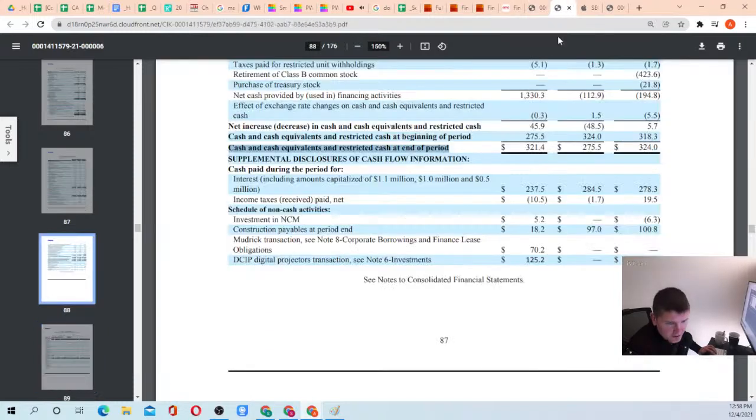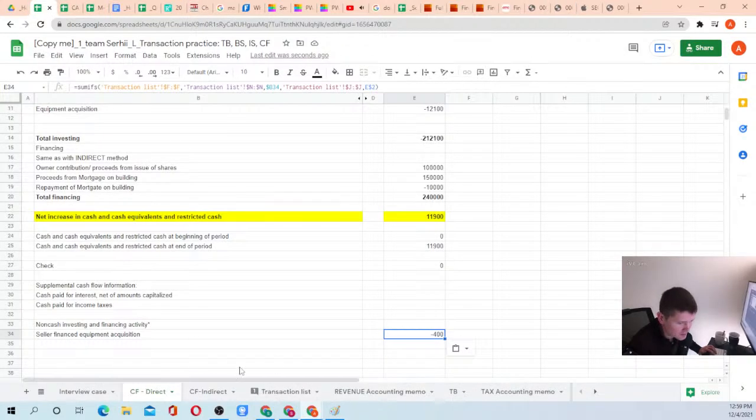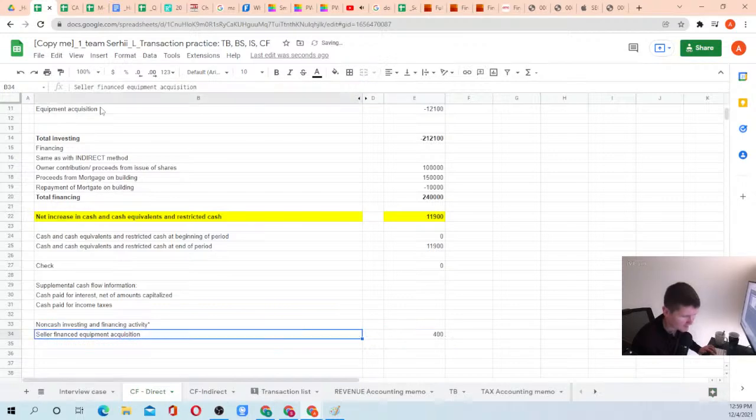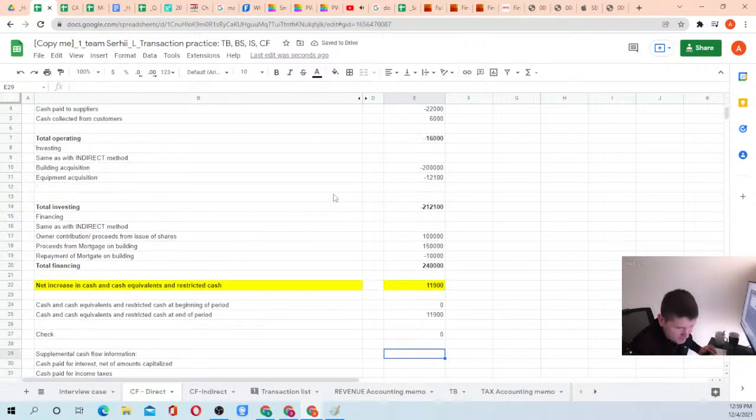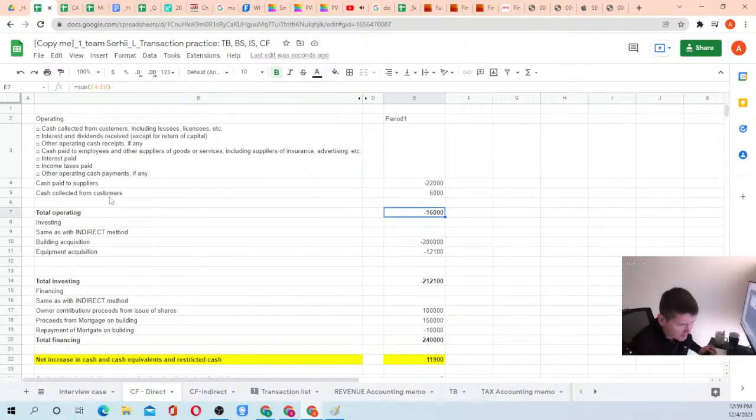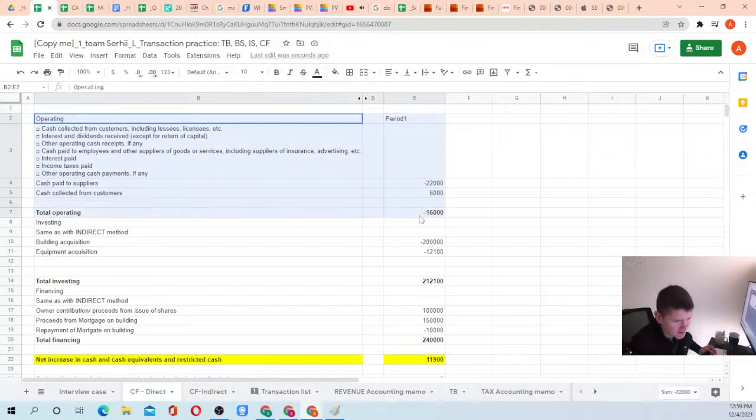It's probably just reconciliation. So they show that kind of stuff as a positive, so I would also probably show that as a positive. Okay, let's see what happened. Nothing should have happened to our operating activities. So our operating activities are still here.